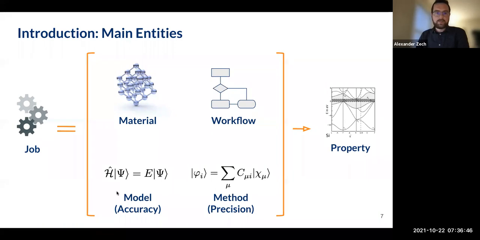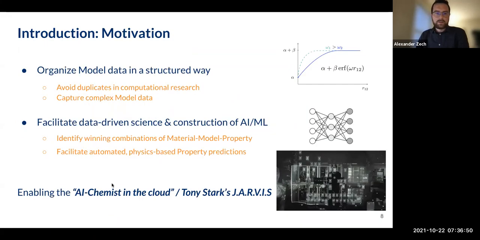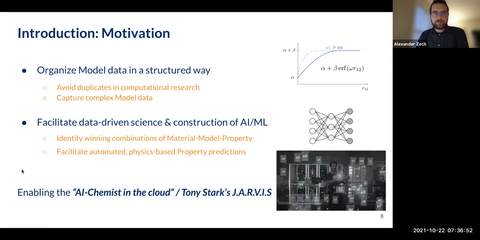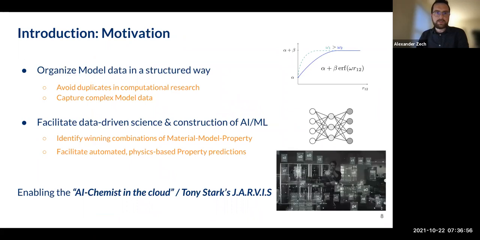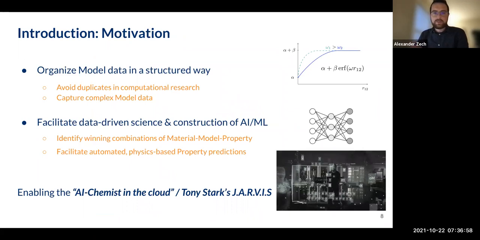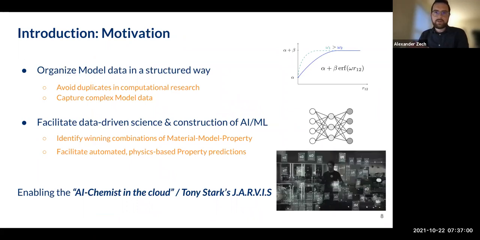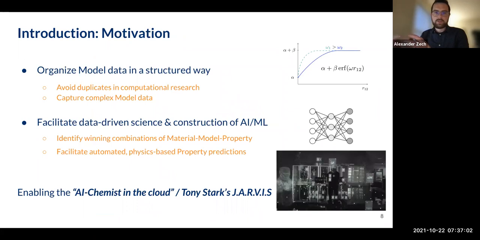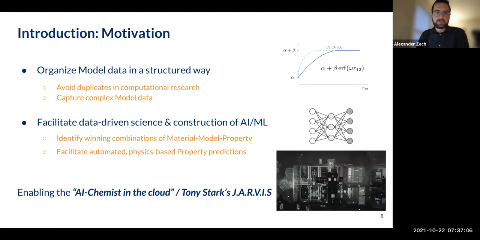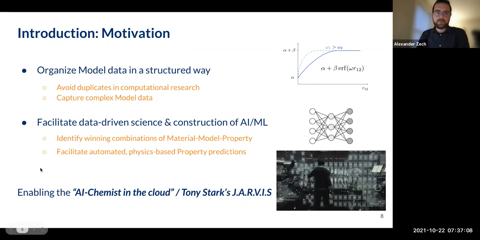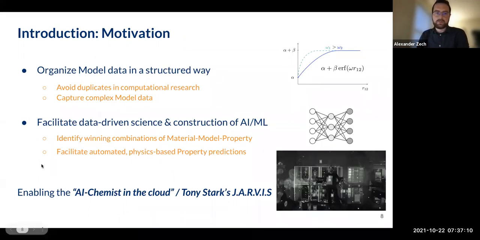And today's talk will be mostly about the model data structure. I mentioned categorization in the beginning, and why are we interested in categorizing the models? First of all, by giving our model data structure more dimensions, we can organize it in a more structured way. And in this way, we can avoid having duplicates in our computational research.